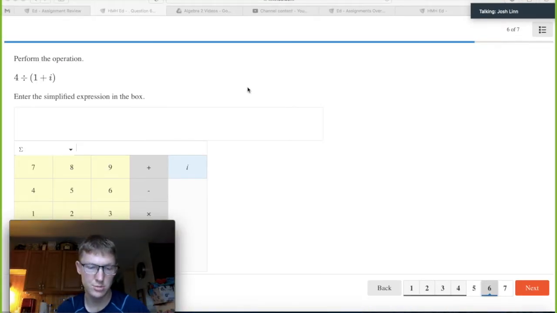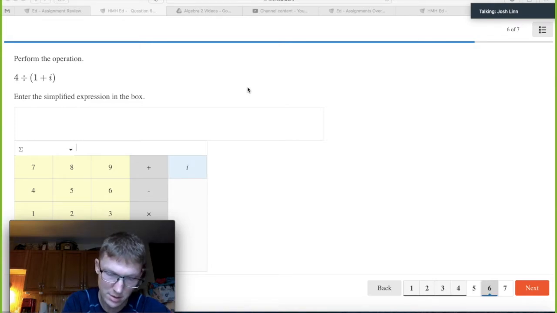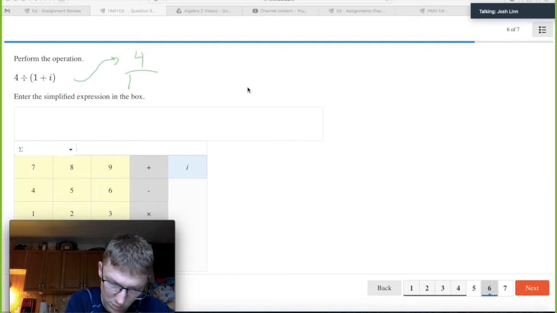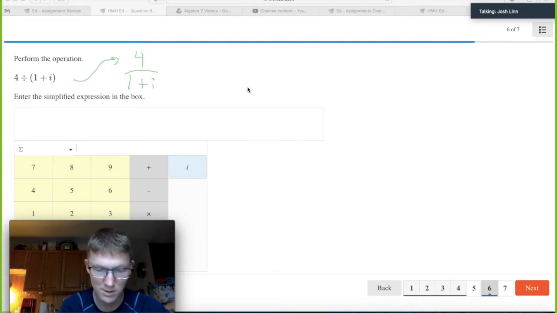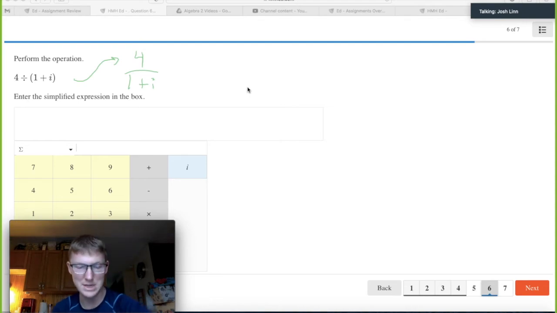Now we're going to do division. So we've got 4 divided by 1 plus i. That to me seems almost too easy. But if we rewrite it as 4 over 1 plus i, you'll hopefully very quickly see that there's an issue here. We've got an imaginary number in the denominator.